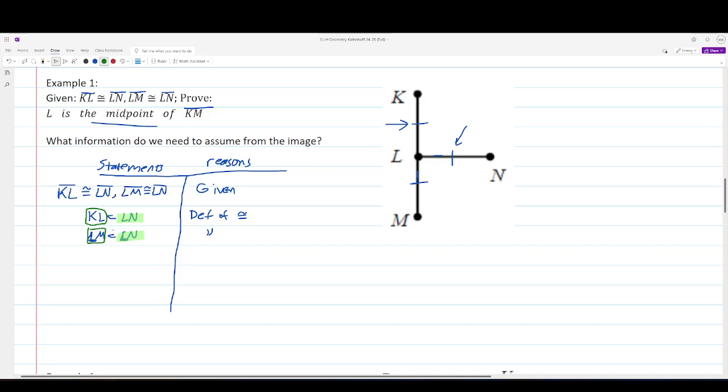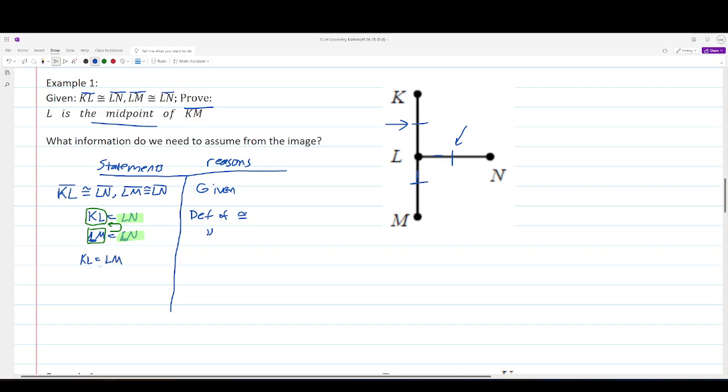Technically we could use the symmetric property to flip one of them around and write LN equals LM so that they then chain together visually, but we don't need to do that. It's an extra step that we can skip. So think of it as making like a C shape. So LM goes to LN, and then that LN goes over to KL. So we're going to be able to state that KL is equal to LM.